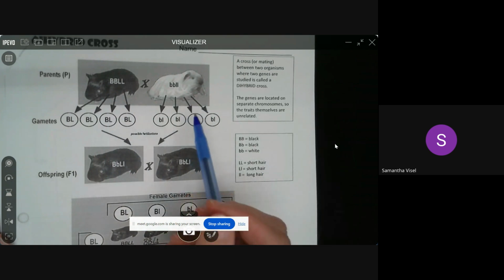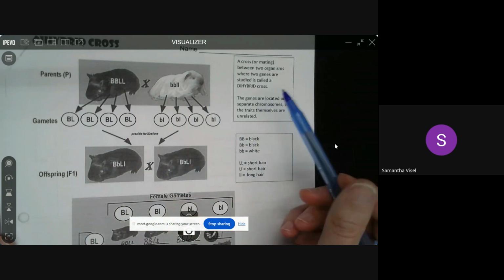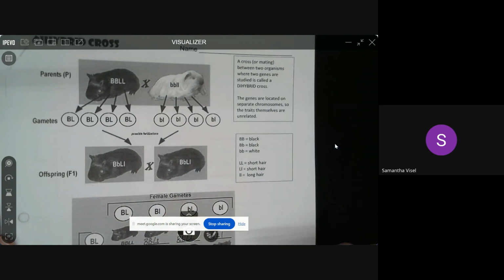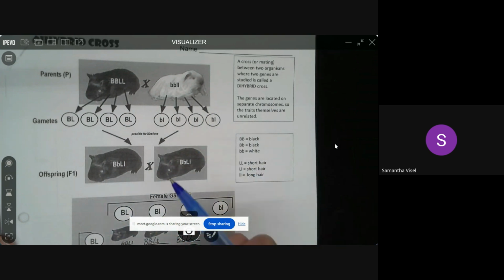And a guinea pig that has short or long hair will not influence if it's going to be black or white. So fur color on a guinea pig is independent of hair length on a guinea pig. Just like eye color on a guinea pig would be independent of fur color or hair length. So the two traits are not related to each other, even though they're going to be inherited together.